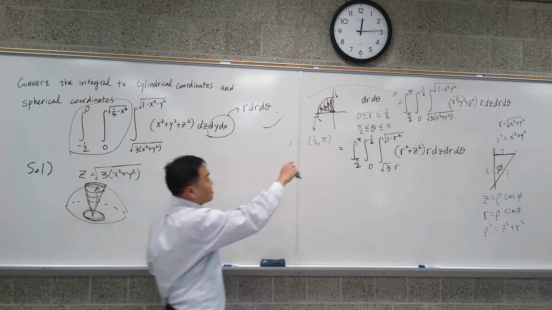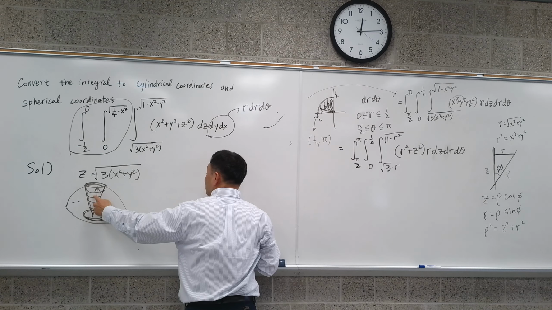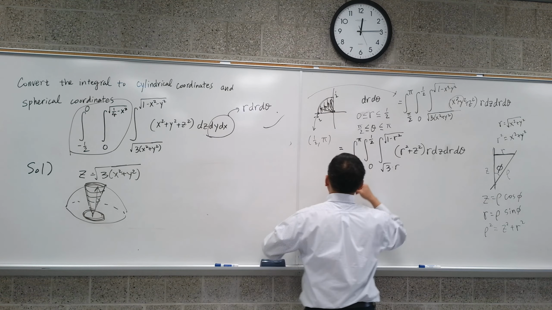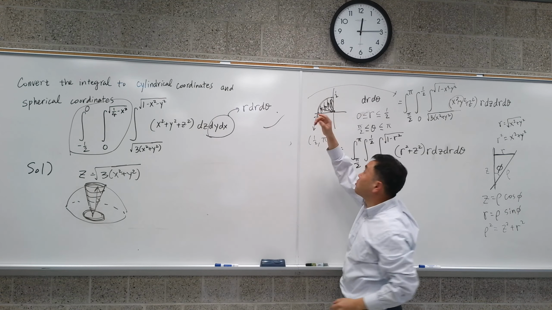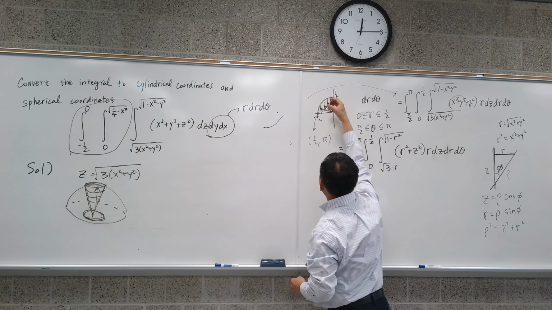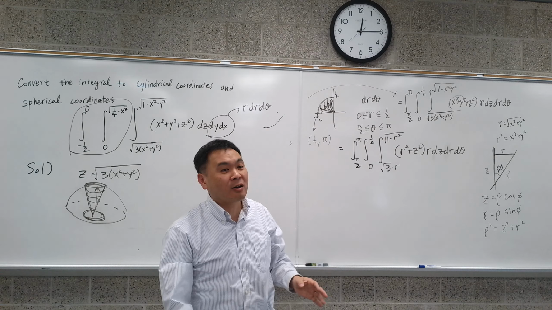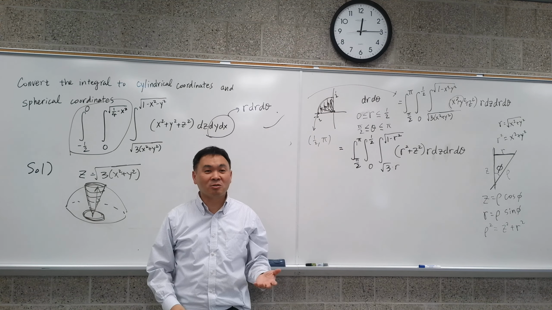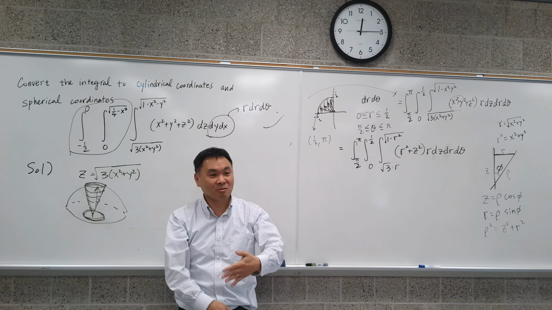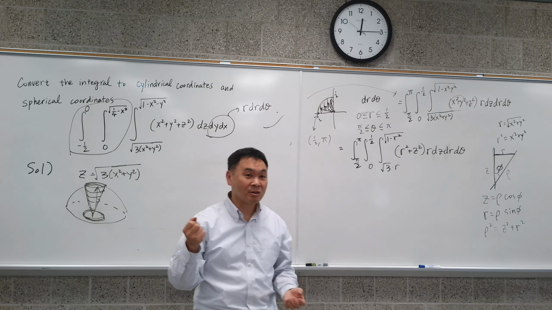So I said it's like an ice cream cone, but it's not the full ice cream cone. It's really just the portion of the ice cream cone over this picture. You start from the portion of the cone until you hit the sphere. It's as if you bought an ice cream cone and 4 kids wanted to share it, so you cut it like that, and then you have a quarter in your hand. That's what you're doing.